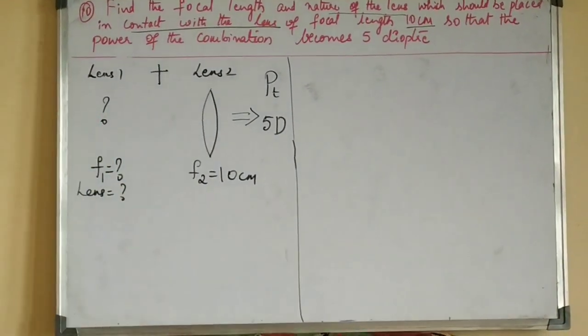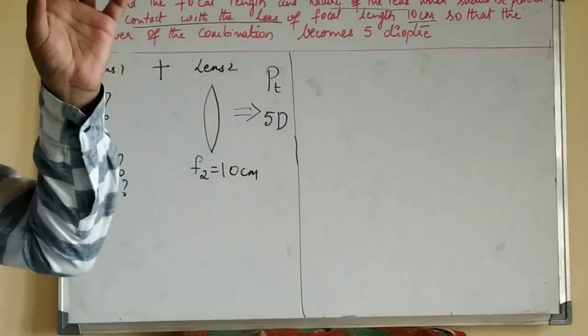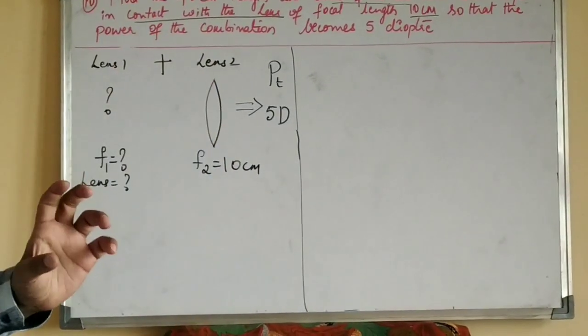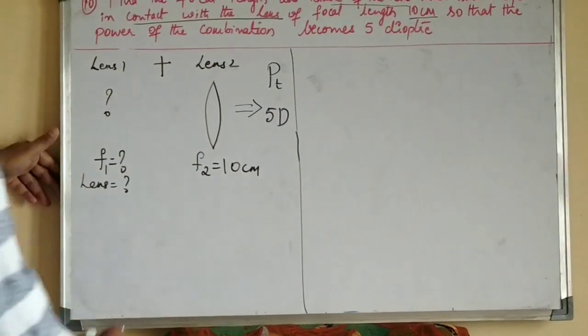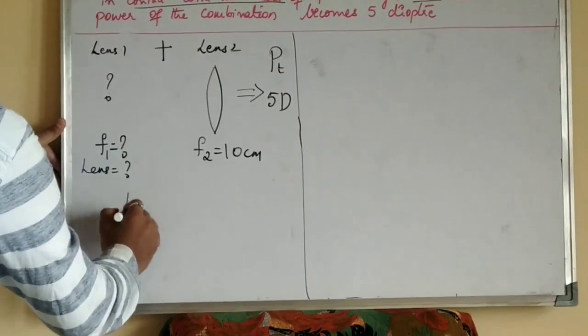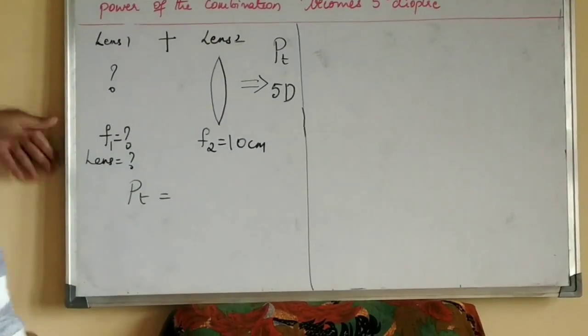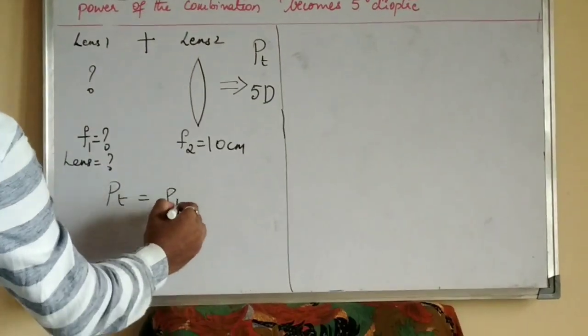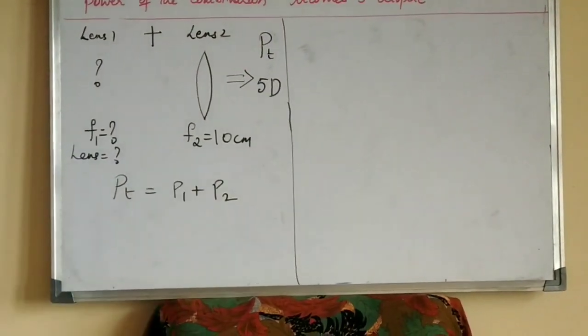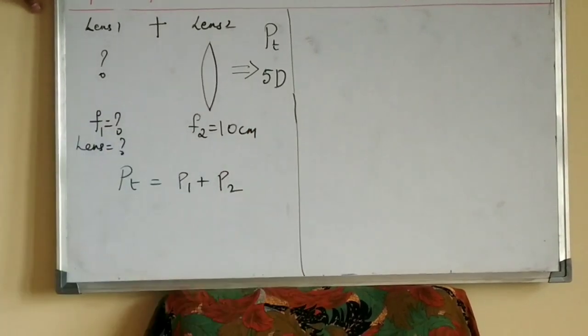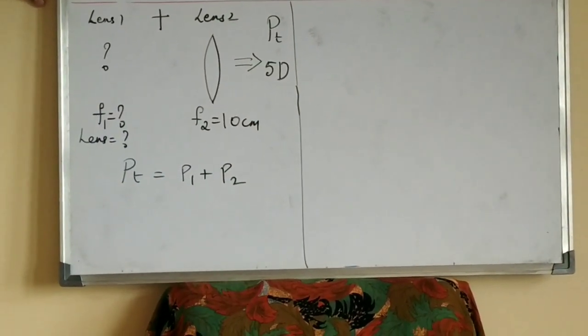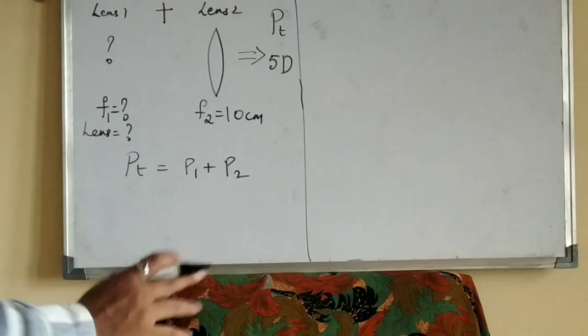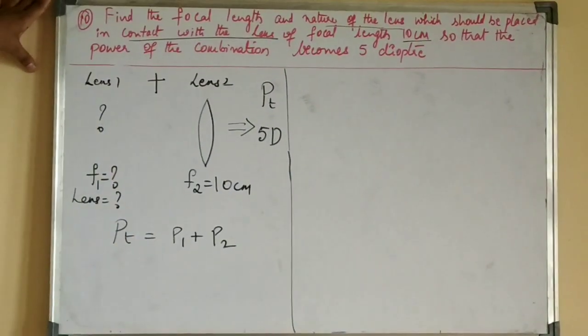First you have to write the combination of the power of the lens, that is that formula I have to write, lens power combination, that is PT is equal to, total power is equal to, how many lens? There are two lens, so two powers. P1 plus P2. Now express the powers in terms of focal length. That too in centimeters. They have given in centimeter. You know how to write.